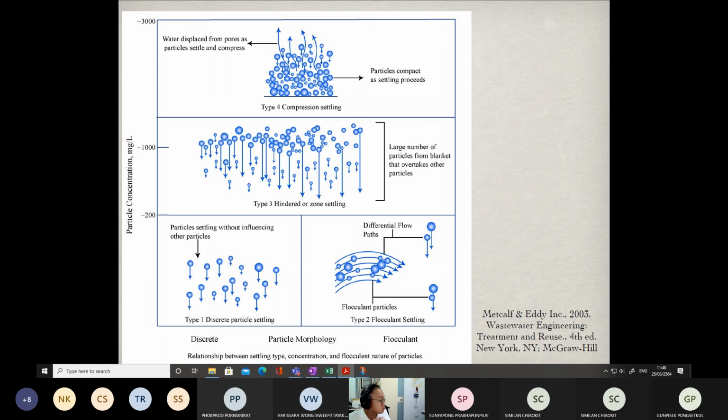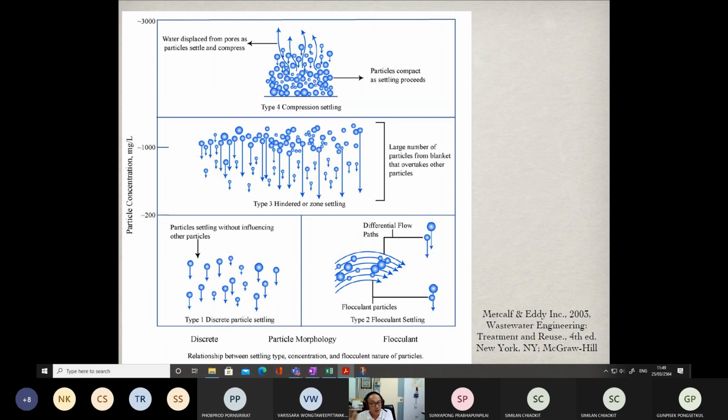And then type 2. Type 2 is something like this: small, fine particles. Once their surface characteristics are modified and the charge around the surface becomes neutralized, these fine particles get attached to each other, becoming heavier particles, and then we allow them to settle in the sedimentation tank.